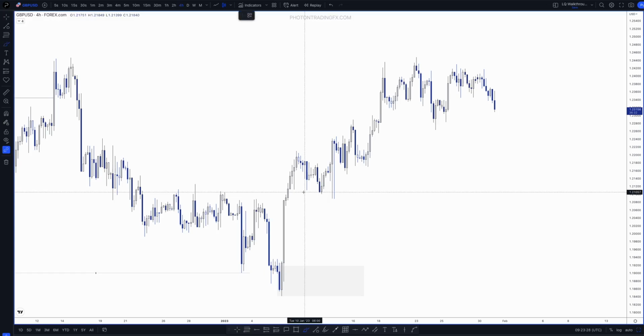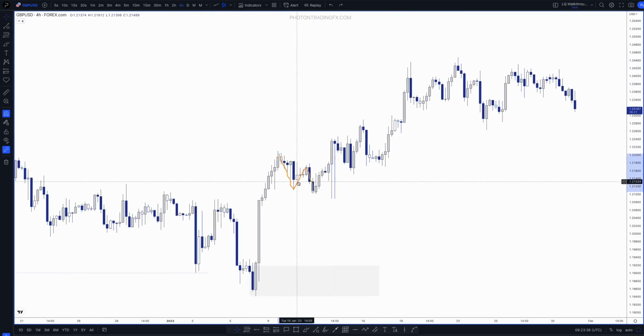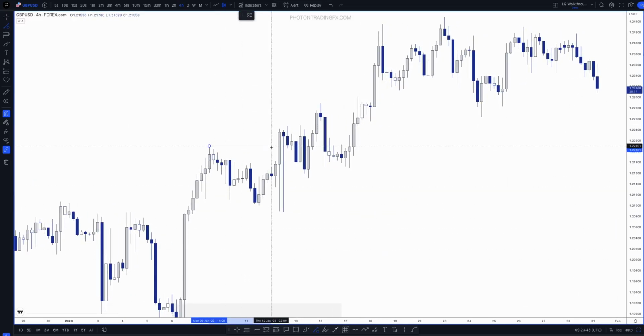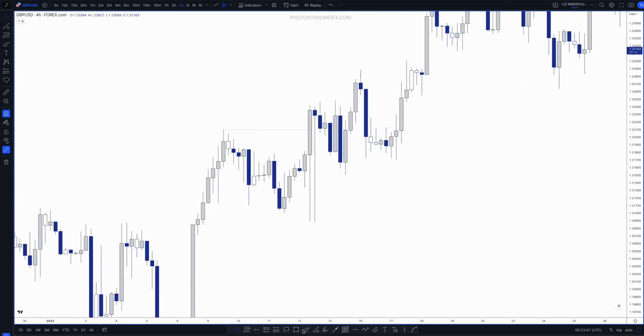What do we have? See how it just keeps happening now. We come in, we come up, grab the liquidity below that low, then we get a break of structure here, and then this one happens quite quickly. It's probably news or something, but you can see as we break this high here, it happens almost straight away in the next candle.